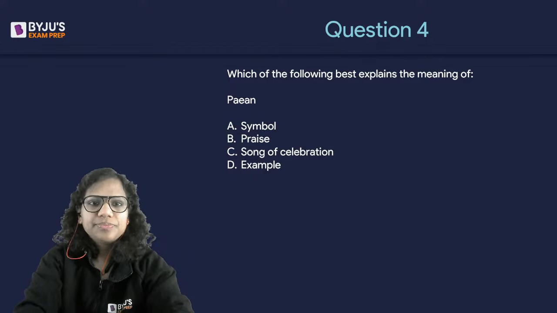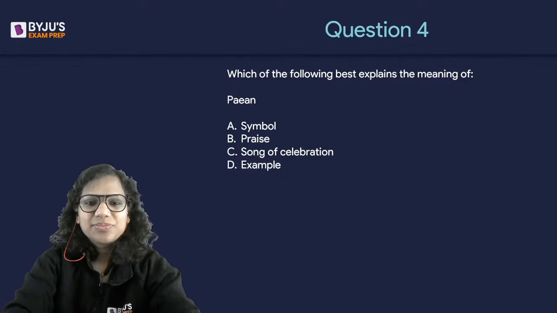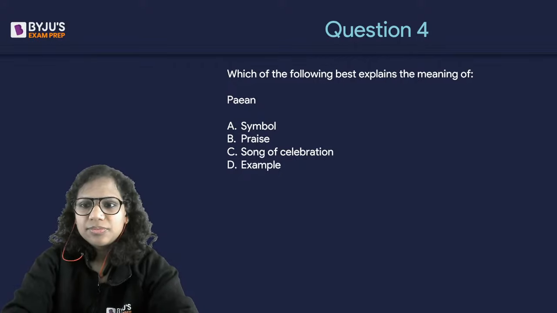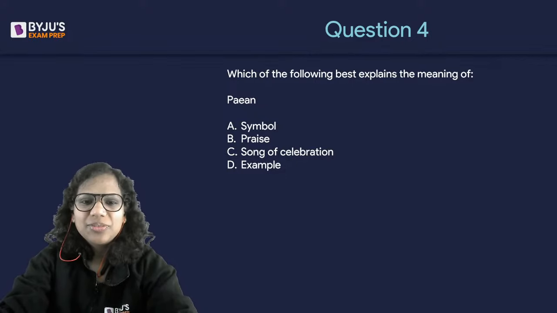Come on. 20-second questions these are. Okay, Prajwal says A. Just guess. It's okay. Guess right now. Some of your exams don't have negative marking. There you can guess, right?